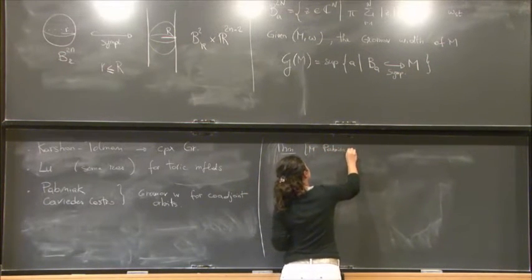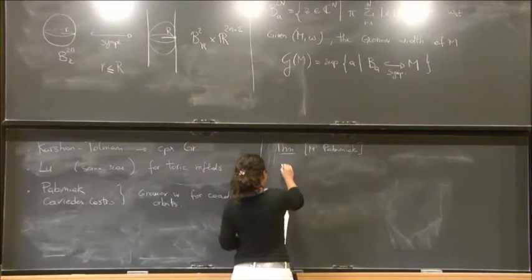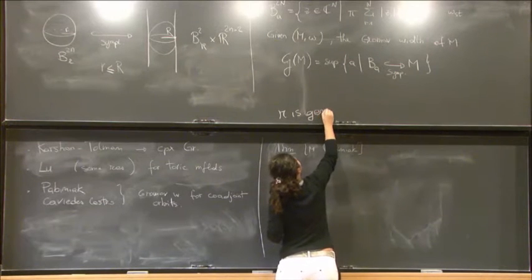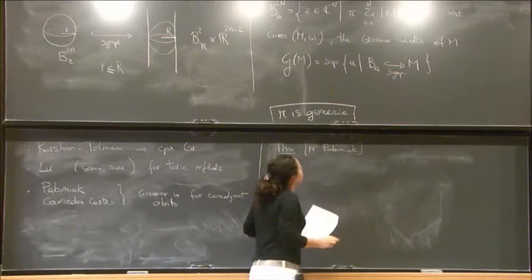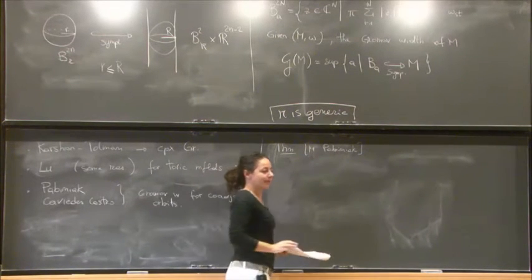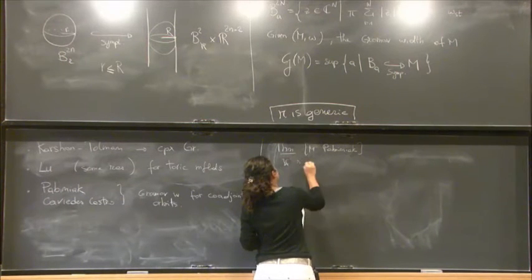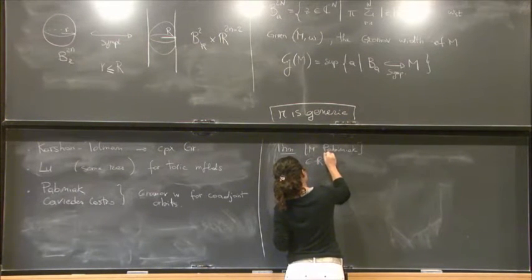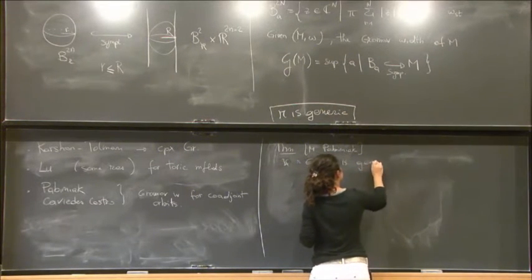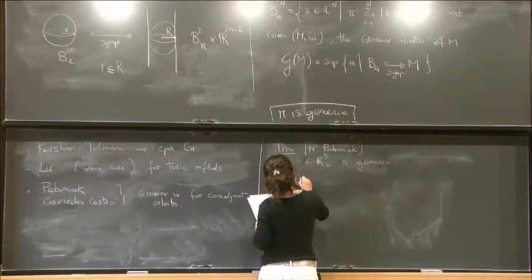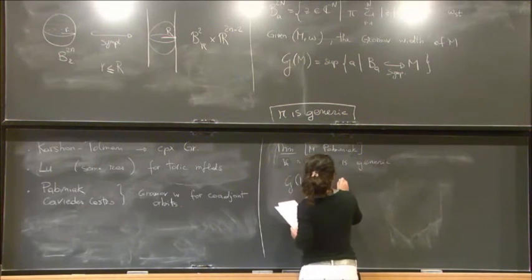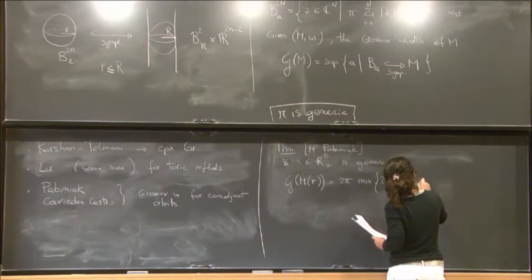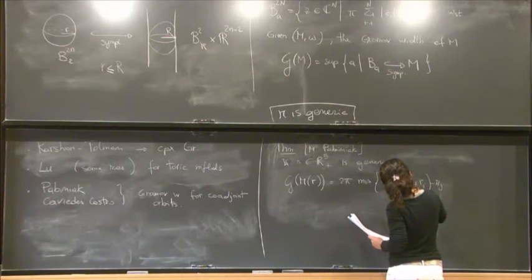The first result of myself and Milena is that if R is generic, and I may forget to write it, but I'm only dealing with smooth manifolds, so R is always generic for me, for 5-gons, then the Gromov width of MR is 2 pi times the minimum between 2Ri and the sum of the Ri minus Rj for i different from j.